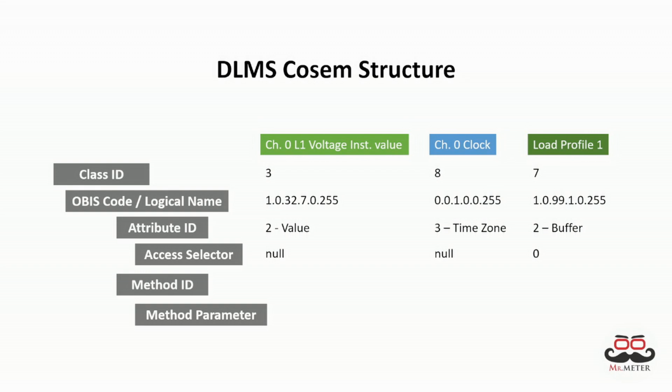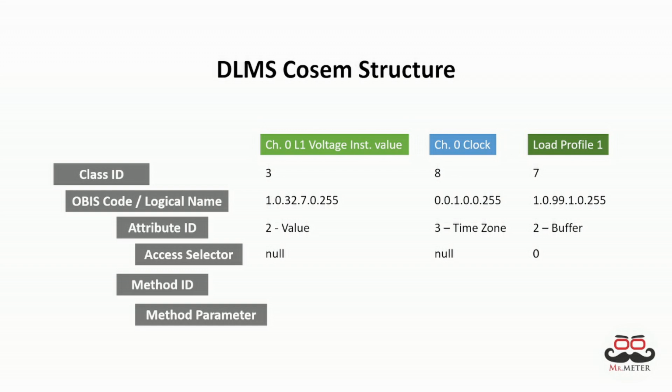For example, in load profiles, you may want the data of the last day in load profile 1, or the whole profile data. This differs. If you use the access selector of 0, it returns the whole data of the buffer. But if you send, for example, 1 as the access selector, it returns directly the last day.